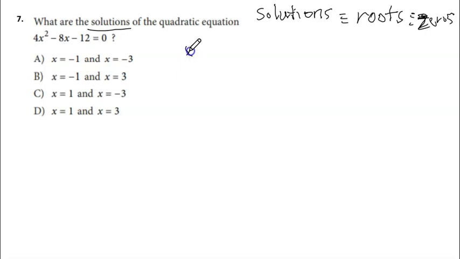X squared minus 2x minus 3 equals 0. All right? From here, those who like substituting to try to eliminate, it's easy to substitute now. But I would prefer to solve it, right?